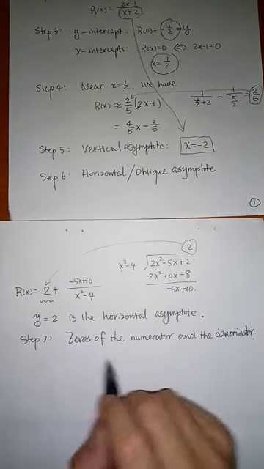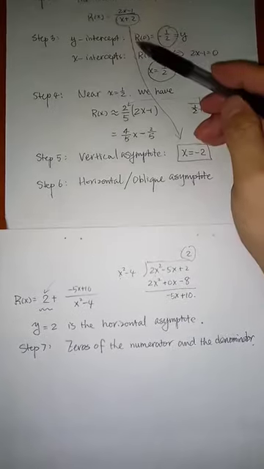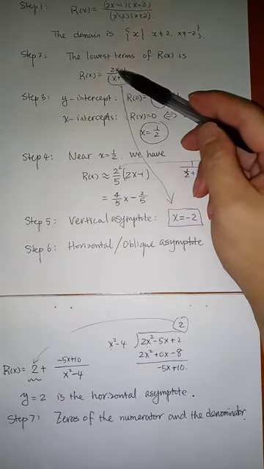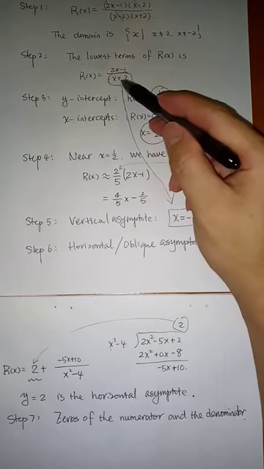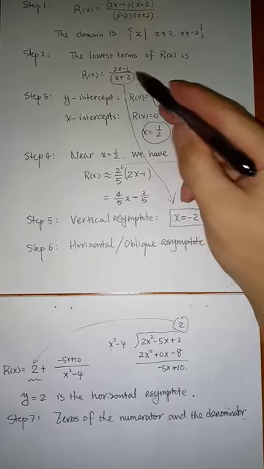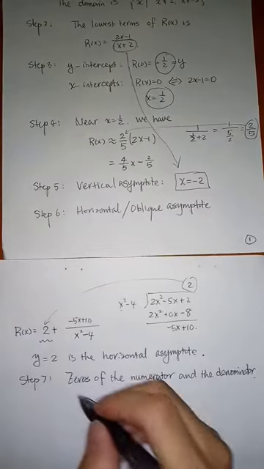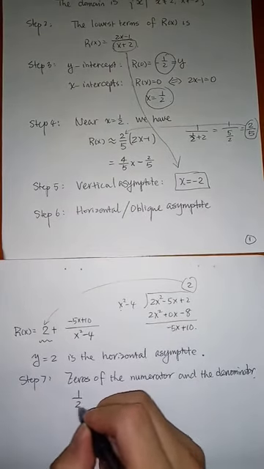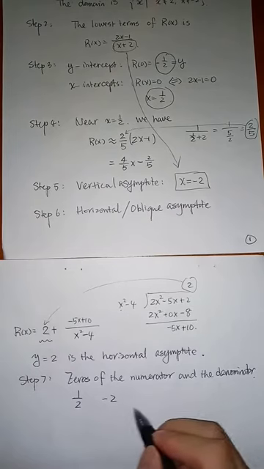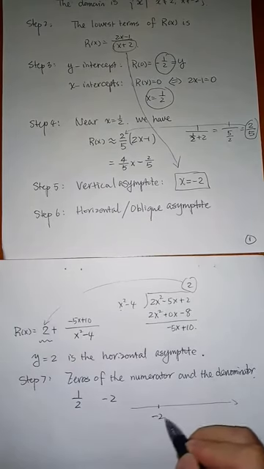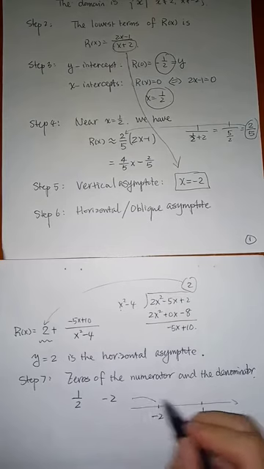The zero of the numerator, from the lowest term 2x minus 1, gives x equal to 1/2. The zero of the denominator gives x equal to negative 2. So you have negative 2 here and 1/2 here. So you have 3 intervals.